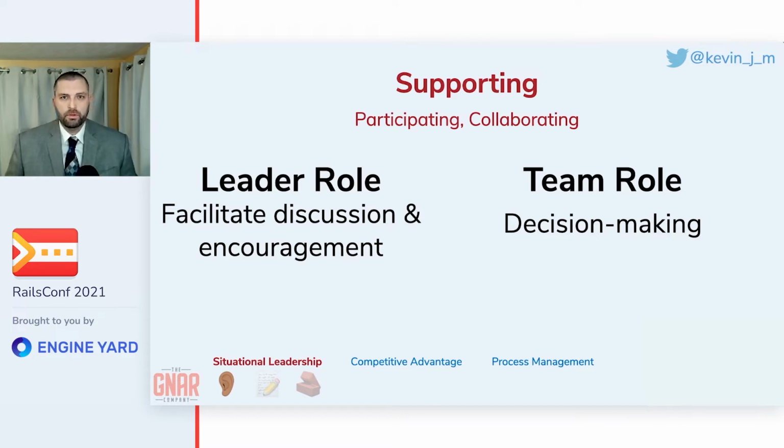Now they're in a position where their role is to facilitate conversations amongst people and making sure that everyone knows the right folks to contact, getting them in touch with them, keeping up to date with everyone, and encouraging the team to ensure that they do have the authority to make these decisions, they're doing a great job, and they should come to you with any questions or concerns that they have. So we're now putting them in a position to be empowered to make choices.